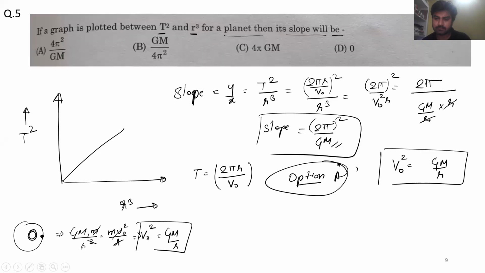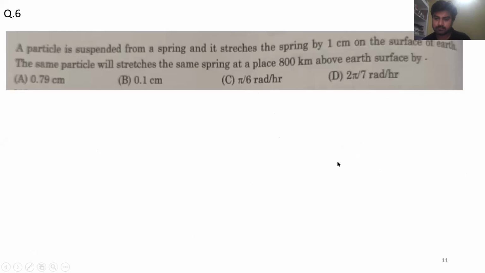Let's come to the next question, which is this one. A particle is suspended from a spring and it stretches the spring by 1 centimeter on the surface of the earth. So on earth, if I take this system, the spring is stretched by 1 centimeter.